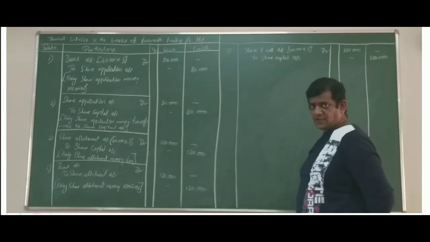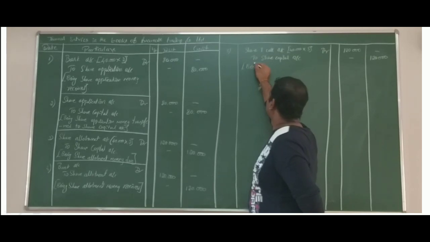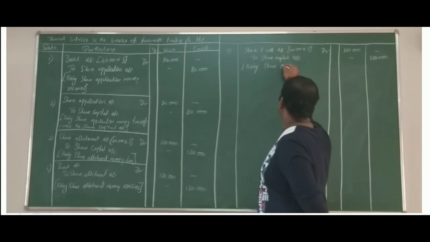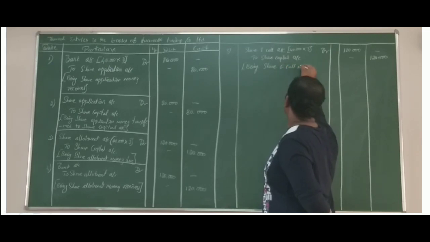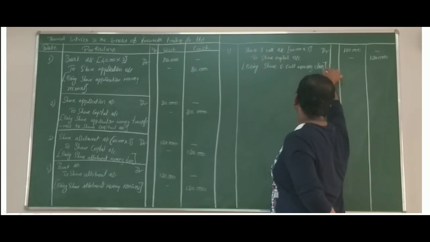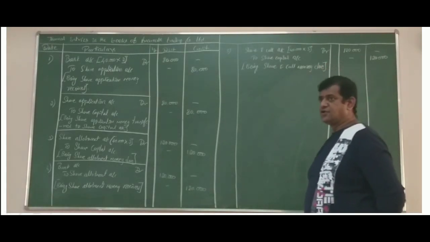1,20,000. So the narration is being share first call money due. Okay. So I am done with the due entry.